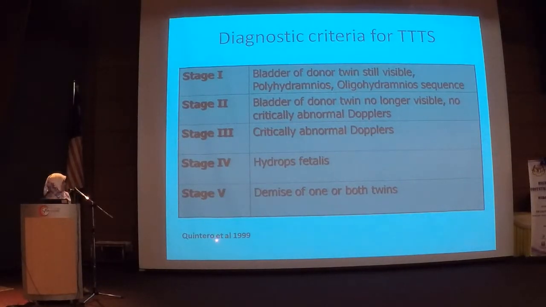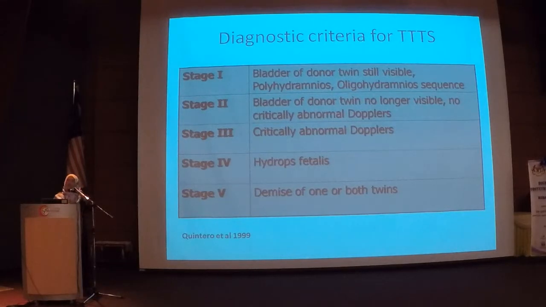Okay, this is the diagnostic criteria for TTTS. It's based on the Quintero stages. Stage 1, bladder of the donor twin still visible, only poly or oligo like what I informed just now. Stage 2, bladder of the donor twin no longer visible.